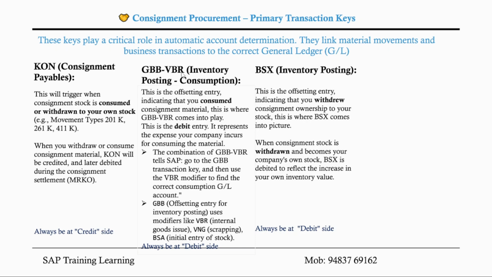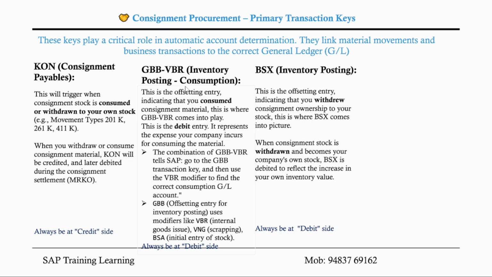Using this modifier, which consumption is it? Is it just consuming, or consuming with value, right? So this is an offsetting entry. What is an offsetting entry? It means you received something from somewhere that has to be settled, like borrowing this material to consume it.